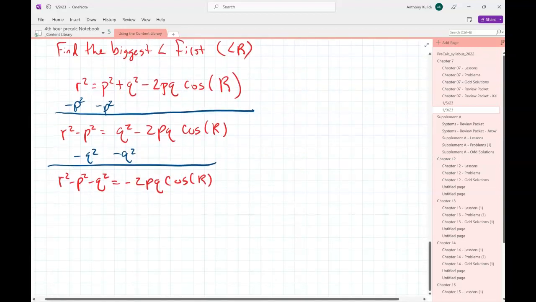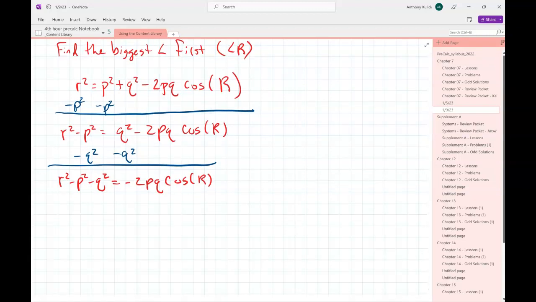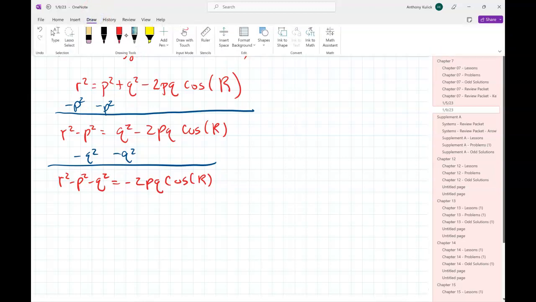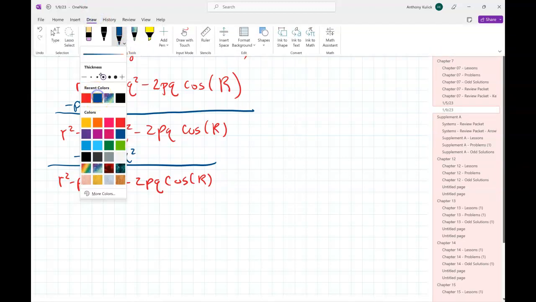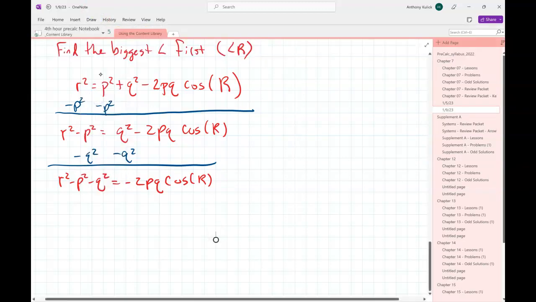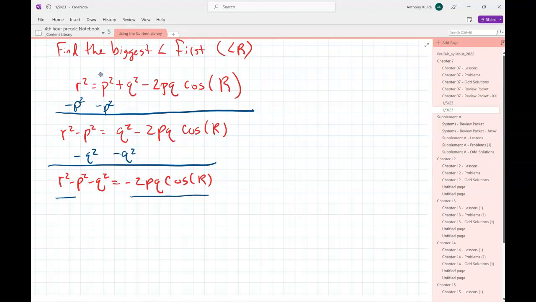Everybody's good there? Next thing we need to undo is multiplication. Do I have anything multiplied to my variable R? Yeah. So to get rid of that multiplication, we'll be dividing. What are we going to divide both sides by? Negative 2PQ.